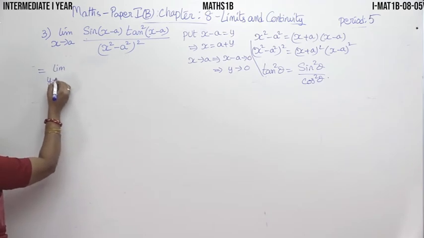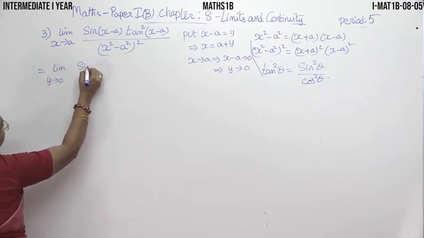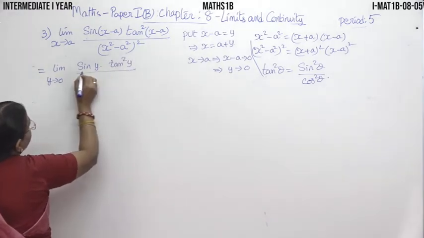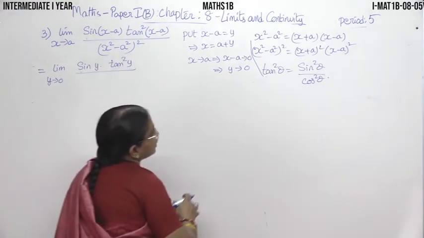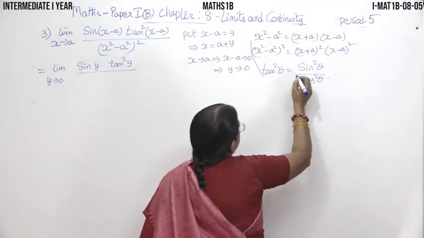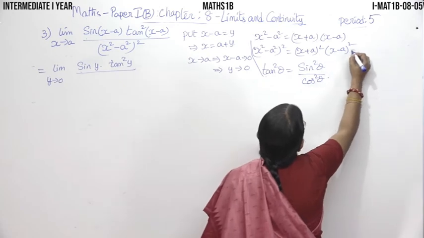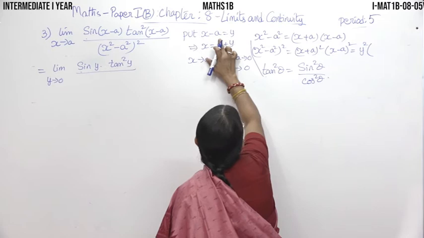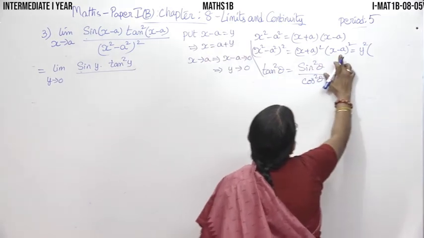Now we'll write in terms of y. Limit y tending to 0 of sine y into tan square y by x square minus a square, which is x plus a whole square into x minus a whole square. x minus a is y.